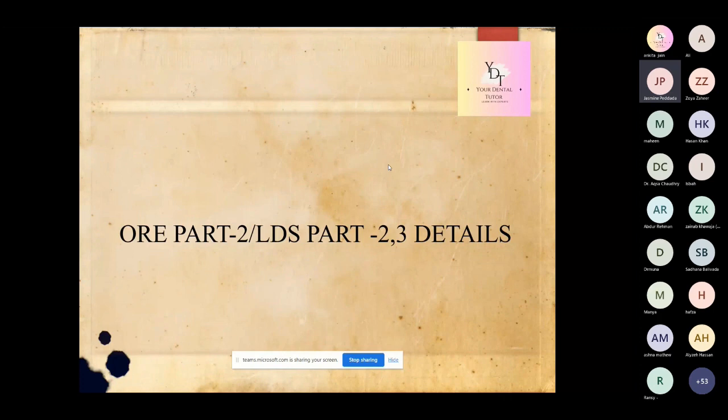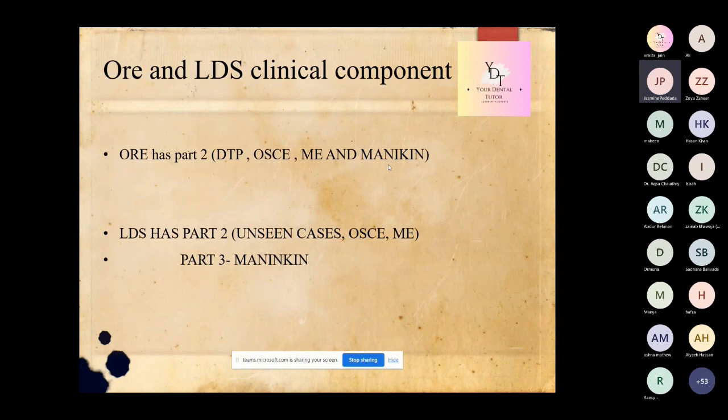As Dr. Ankita mentioned, ORE is done in two parts: part one theory, part two practical. LDS has three parts: part one theory, part two and three practicals. So let's go forward and see how these parts differ from each other. Now, ORE in the part two exam will have four components. The same four components are there for LDS as well, but it is divided into two parts, part two and part three.